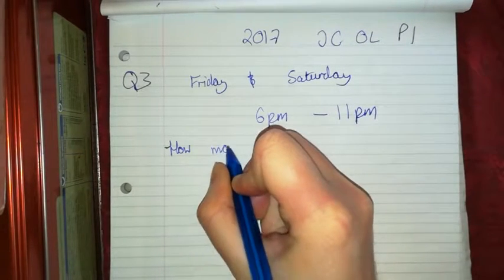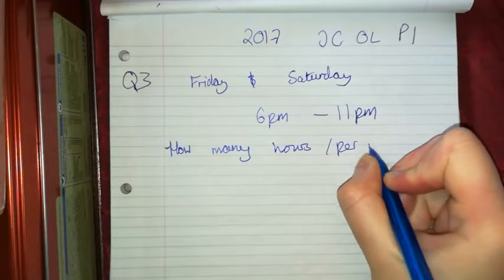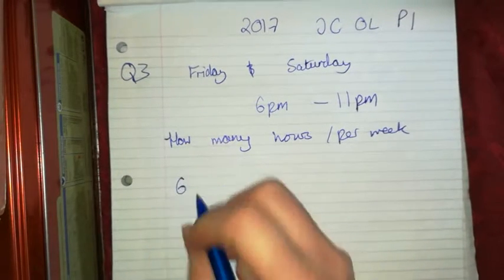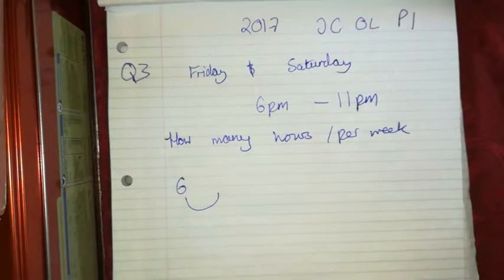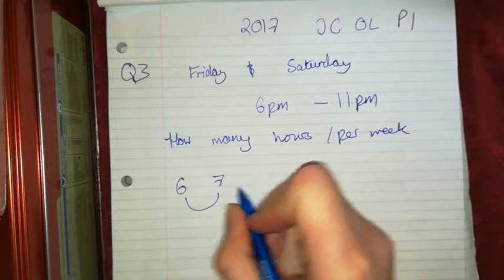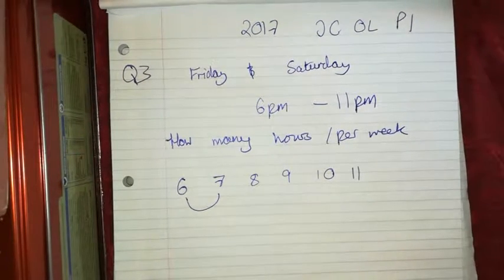How many hours per week? So if we want to get how many hours he works every day, 6, 7, 8, 9, 10, 11, or I could just go 11 take 6.